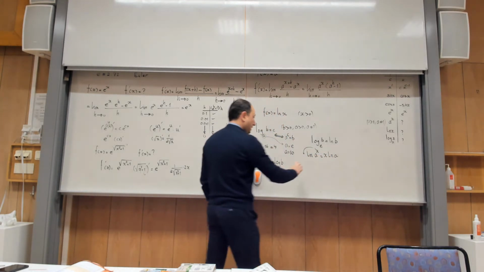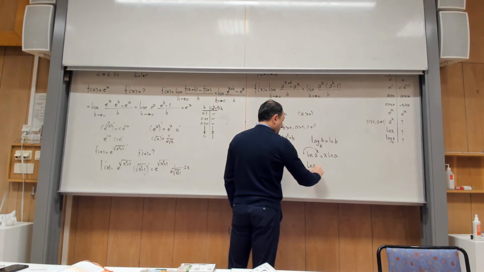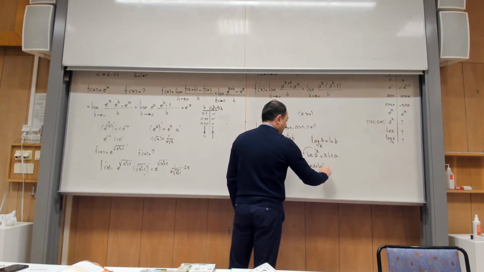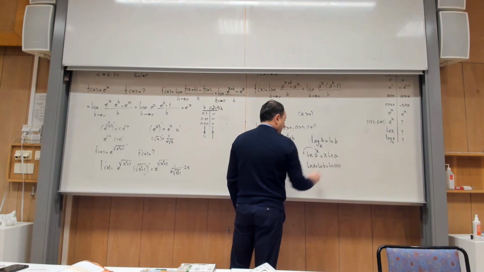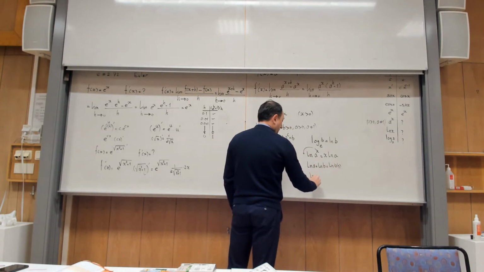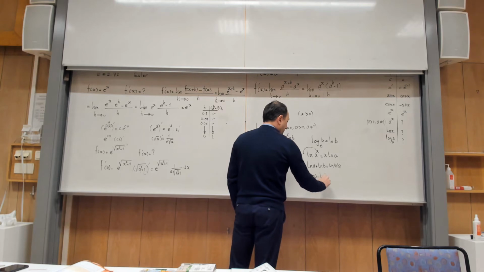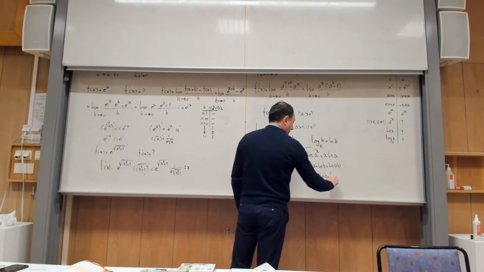If you have ln of a plus ln of b, you can write it as ln of a times b. If I ask you what is ln of a minus ln of b, the answer becomes ln of a divided by b.